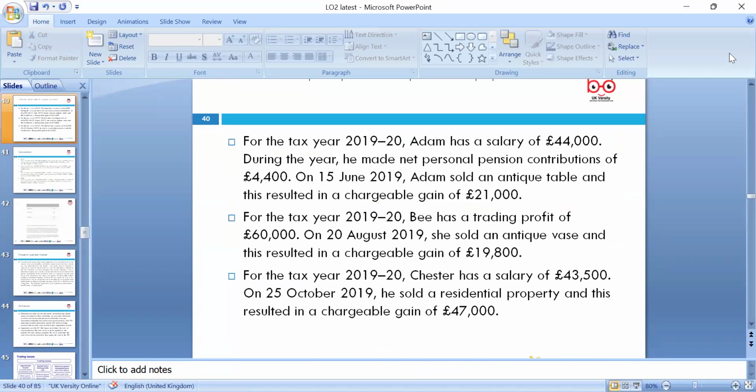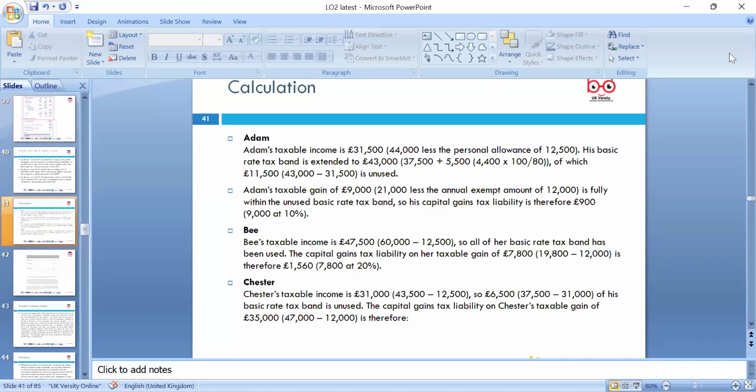Adam sold in the tax table and it resulted in a capital gain of 21,000. Then of course B has, in the tax year, adjusted salary. So these are the three different cases. When we look at Adam, we minus the personal allowance. 4,400 is, if the tax is being deducted at source, we can look at that.